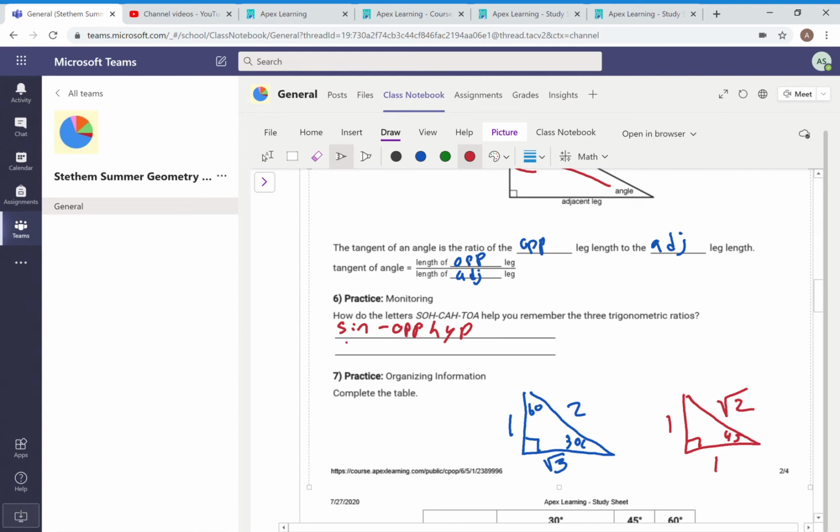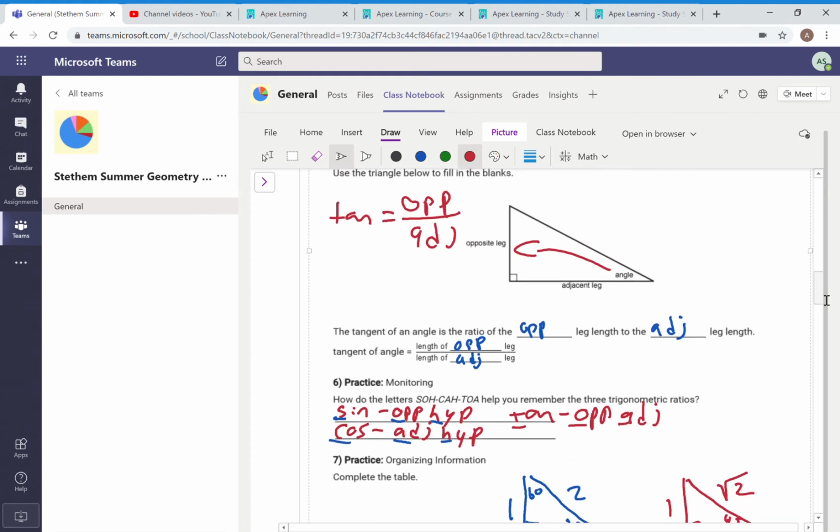CAH is your cos, which is adjacent over hypotenuse. And TOA would be your tangent, which gets abbreviated down to just tan, which is opposite and adjacent. SOH CAH TOA. Hopefully that'll help you remember what you want to do.